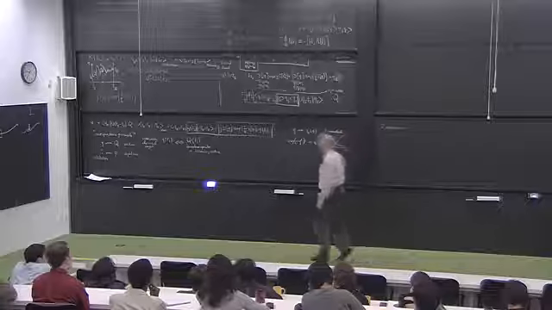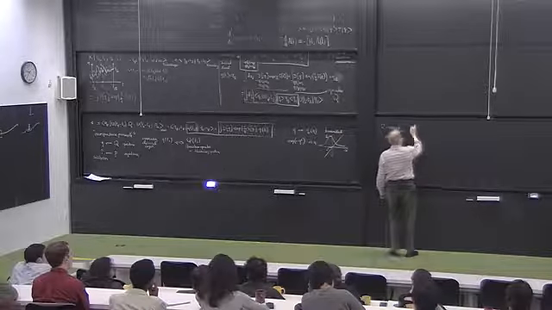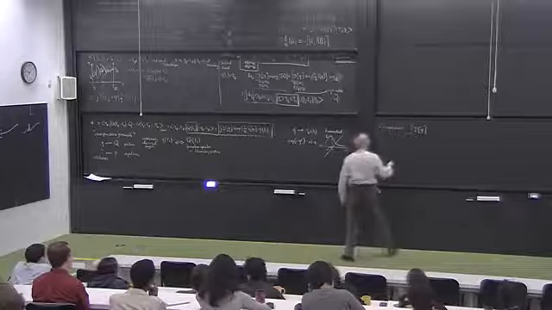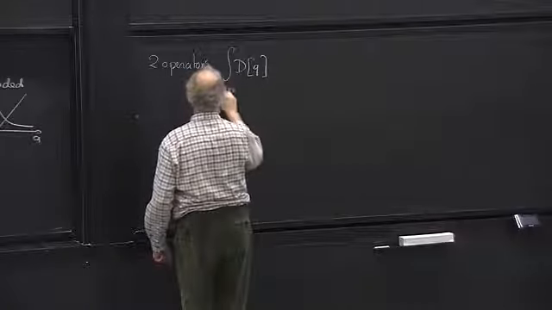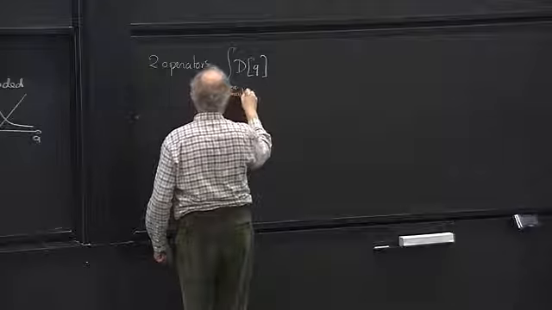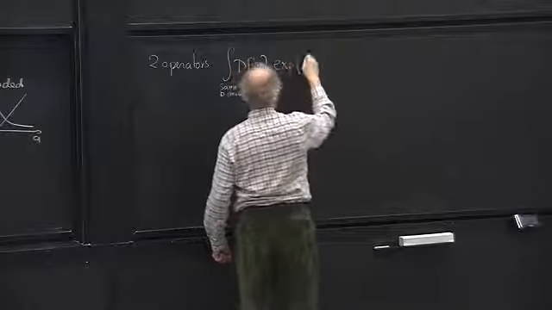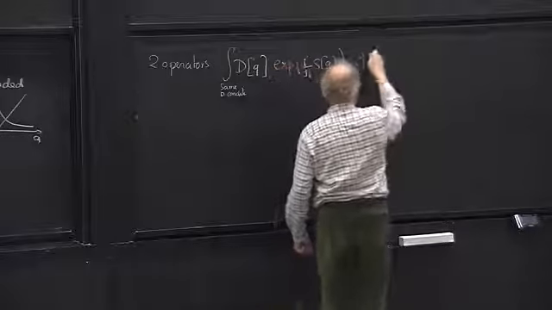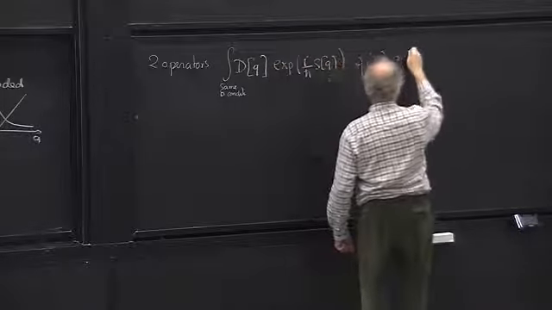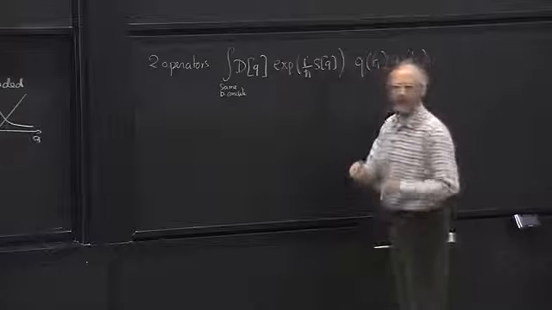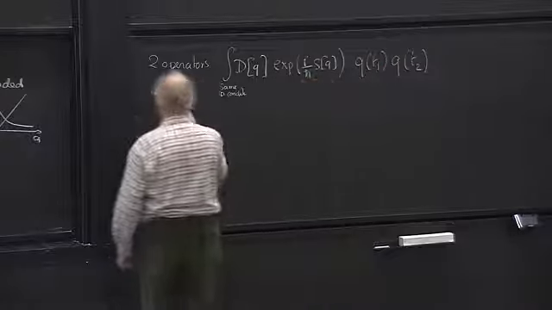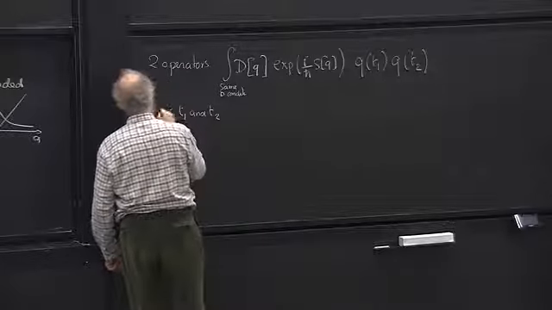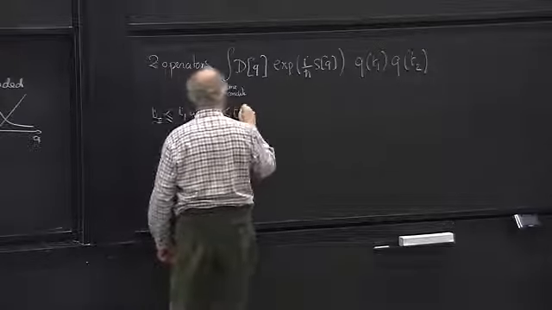Okay. So what happens now if I want to compute the path integral with the same boundary conditions, exponential of i over h bar S of q, then q at a time t1 and q at a time t2, with, of course, t1 and t2 in between t initial and t final?